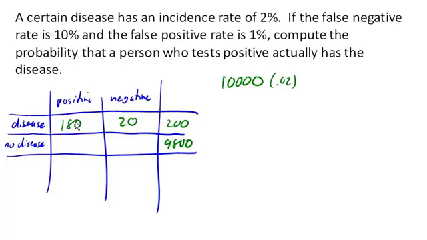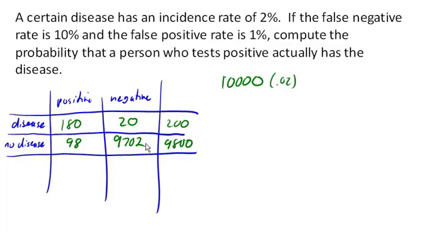We also have a false positive rate of 1%, and that means that out of the people who don't have the disease, 1% of them, or 98, are going to test positive. Meanwhile, the other 9,702 are going to correctly test negative.